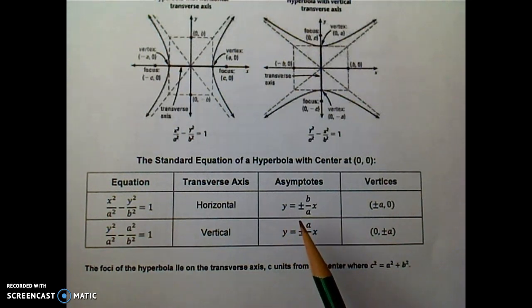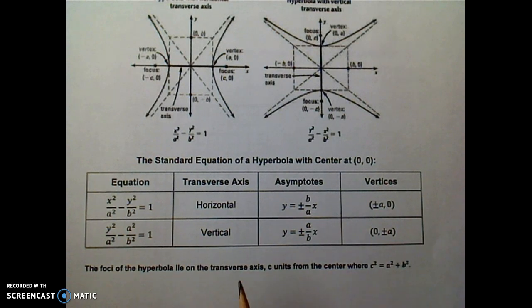The equation of those asymptotes, and you could see that they're lines, so they're going to have an equation that looks like a linear equation: y equals positive b over a times x, and y equals negative b over a times x. The vertices will lie on that transverse axis, and they're going to be at plus or minus a comma 0.